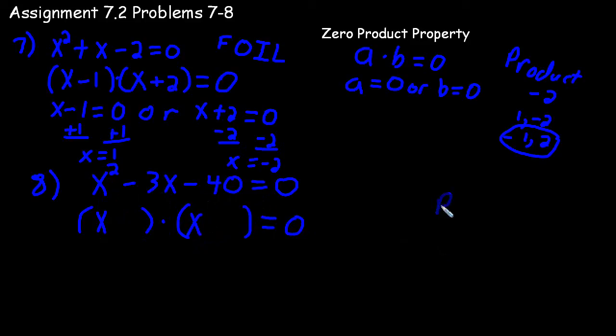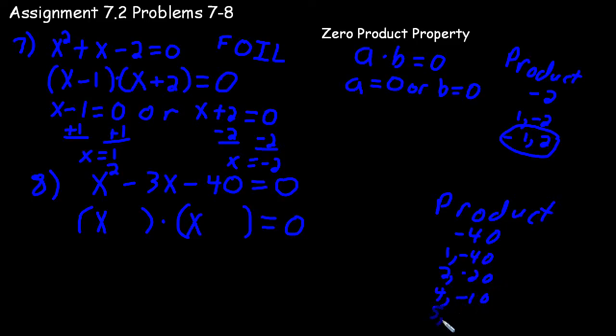Well, there are several choices for numbers whose product would be negative 40. You could have 1 and negative 40. You could have 2 and negative 20. You could have 4 and negative 10. 5 and negative 8.